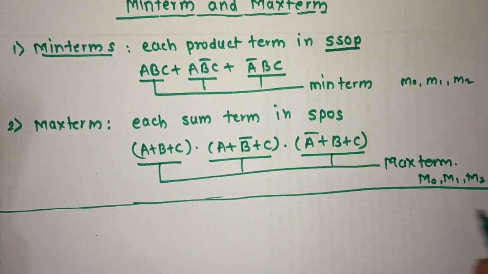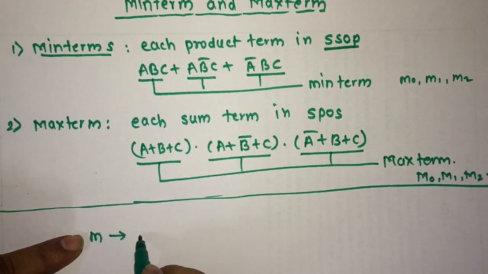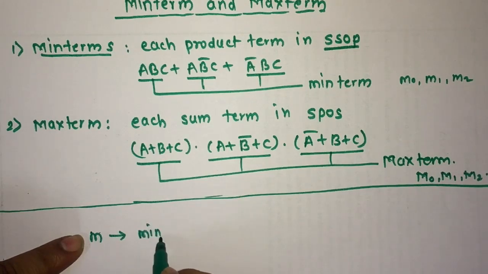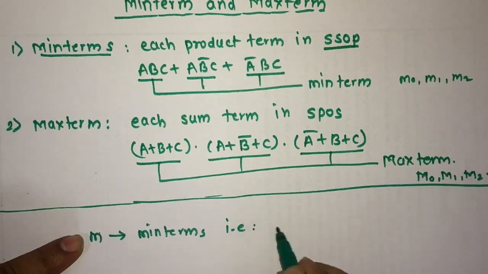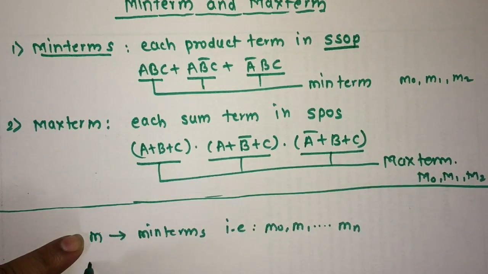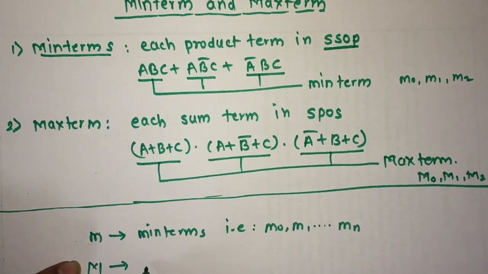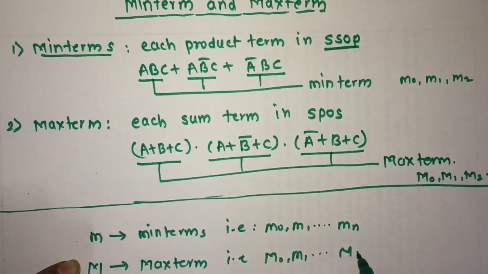So if small m is there, then it is a minterm, example m0, m1 up to small m suffix n. And if the capital M is there, then it is a maxterm, like capital M0, M1 up to capital M suffix n.